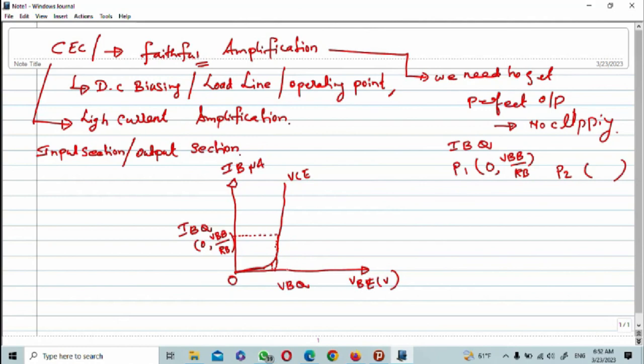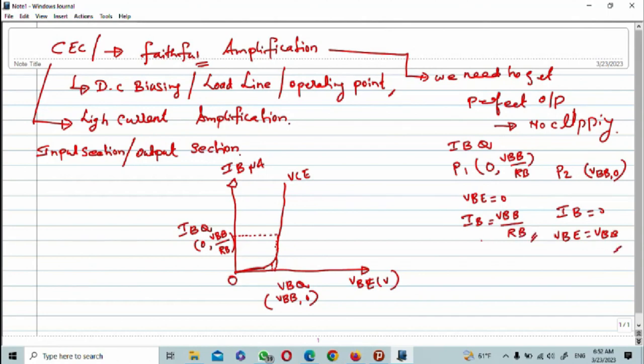From here, this is the value VBB comma 0. So here, IB equal to 0 and VBE equal to VBB. The same thing here, VBE equal to 0 and IB equal to VBB by RB.